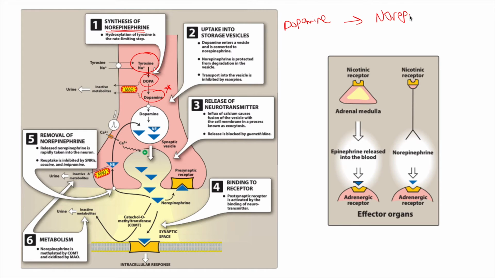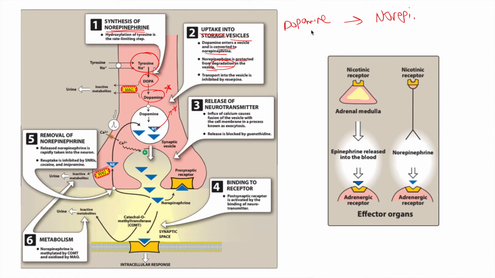Very cool. Because see how dopamine is still outside of the vesicle? Well, it needs to be taken up into the vesicle for storage, right? Because not everything's going to be used up this quickly. Therefore, when dopamine is made, it gets stored in a vesicle. As it enters a vesicle, it is converted into norepinephrine. And norepinephrine is now protected from degradation. What does that mean? Well, it means that if norepinephrine was in its raw state outside the vesicle, it would get degraded.